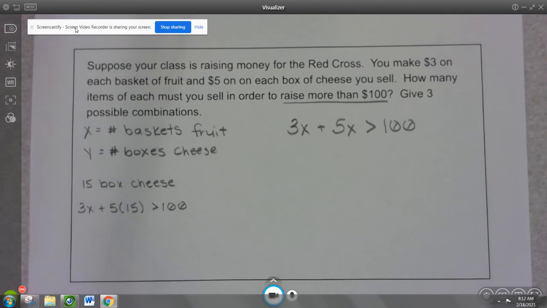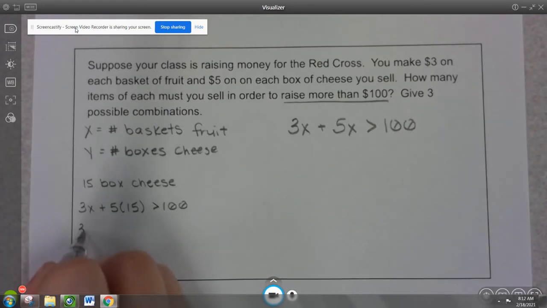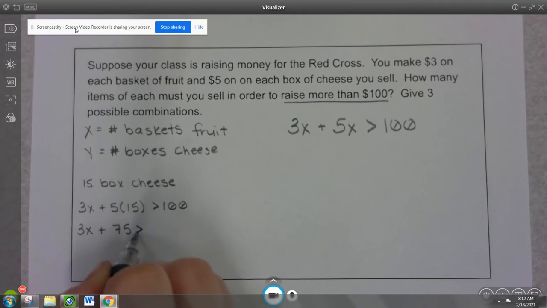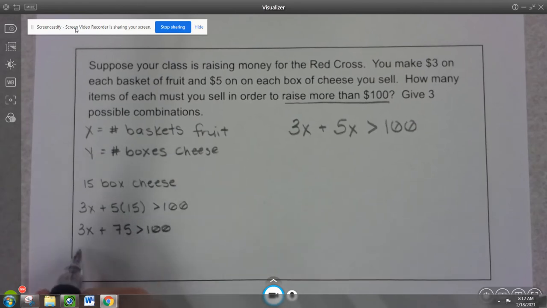And again, just as a reminder, these are all examples of questions that could be on the calculator inactive section. So this would be 3x plus 75 being greater than 100. Subtracting 75 tells me 3x needs to be greater than 25.